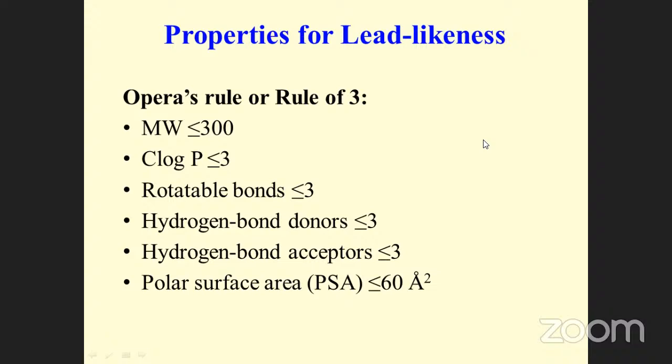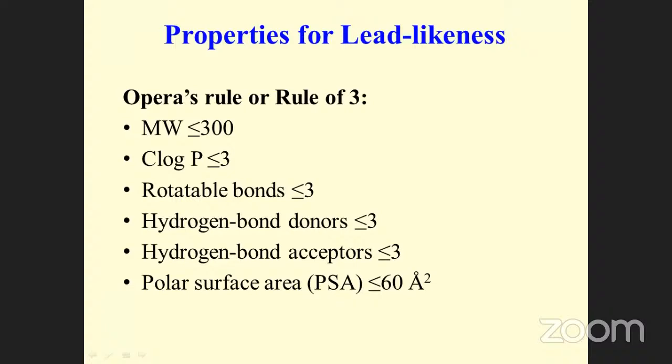And remember, my friend, this polar surface area is calculated by the software which we will use today. So you can understand whether your molecule is a very good lead compound or it's going to be a raw material or a useless molecule. This is called lead likeness, or we call it the lower boundary for starting.